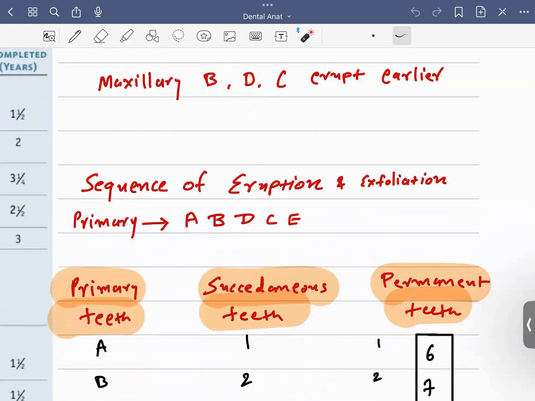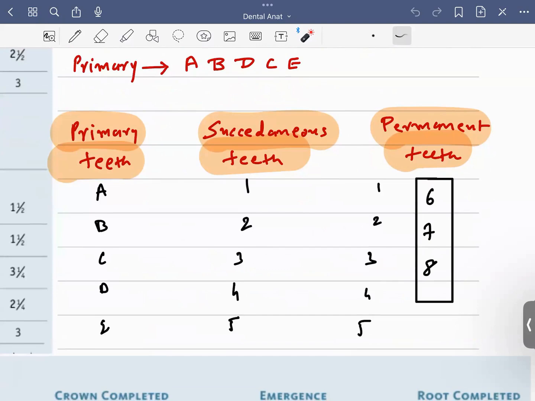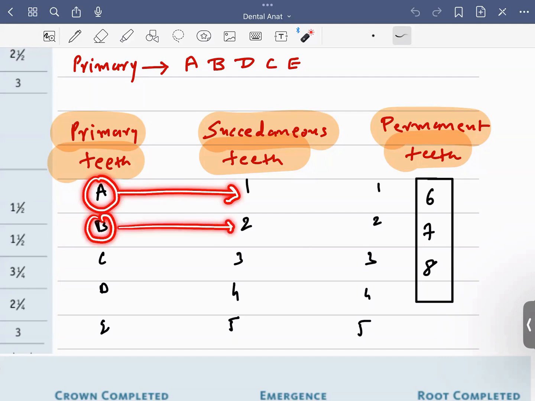Now, all the deciduous teeth that we saw are known as primary teeth, but there is one term known as succedaneous teeth. Succedaneous teeth means the teeth that take the place of the primary teeth. On the place of the central incisor, the permanent central incisor will erupt. On lateral, permanent lateral.